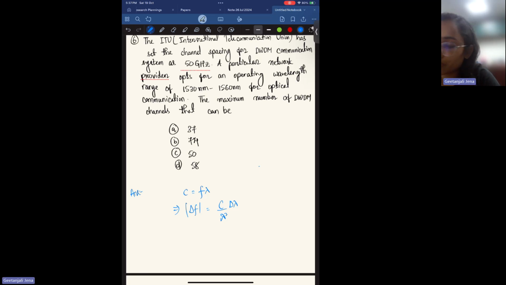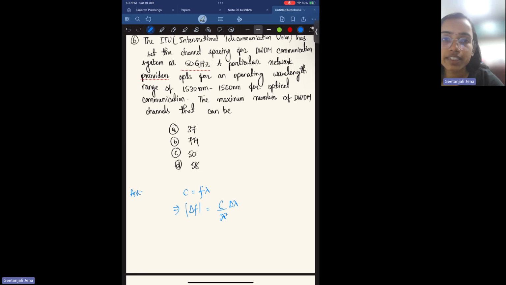Now you have to find out the bandwidth of the operating wavelength in frequency, that is delta F. So you need to calculate delta F first.